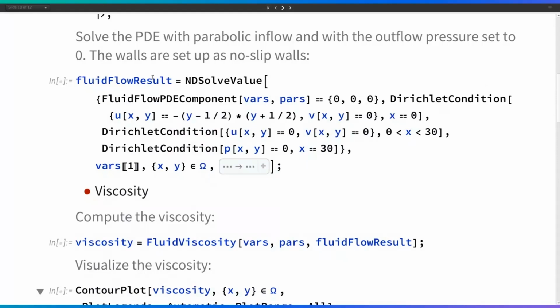You can compute the viscosity or the stress without knowing the pressure. They only depend on the velocity. So it's not necessary to pass actual pressure to those functions. But to make it more convenient for you, we added the possibility to just take directly the result of the ND solve with the pressure and put it directly as the last argument of the fluid viscosity.